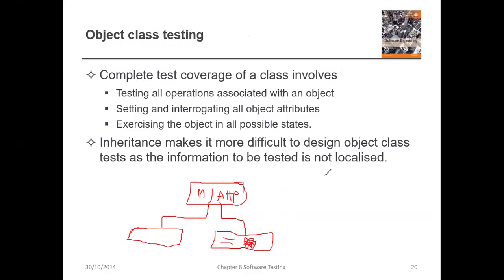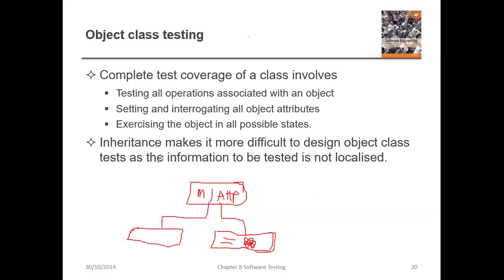Therefore, if you are writing your class test, what I'm trying to say here is that if you are going to design your test cases to test this particular subclass, it becomes difficult because the methods and the attributes that you are supposed to test are not found here, but are rather in the superclass.